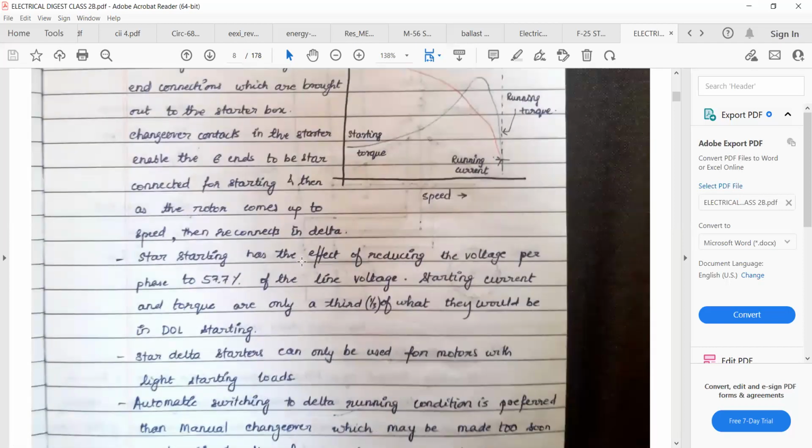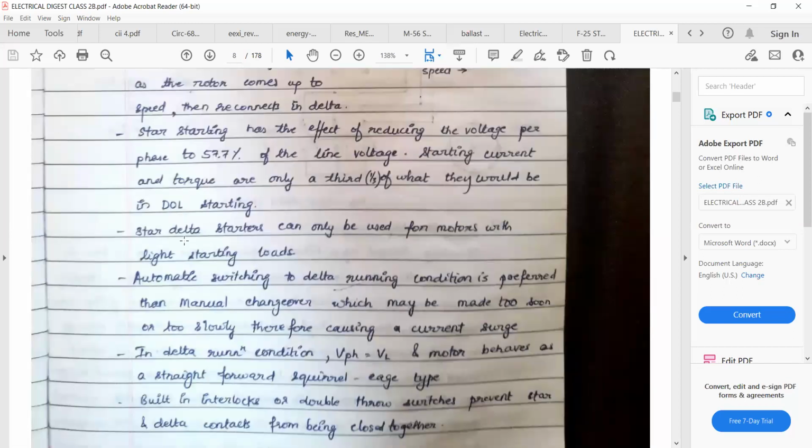Star connection has the effect of reducing the voltage per phase by √3 times, that is 57.7% of the line voltage. Starting current and torque are only 1/3 of what they would be in the DOL. And the star delta starter can only be used for motors with light starting load.